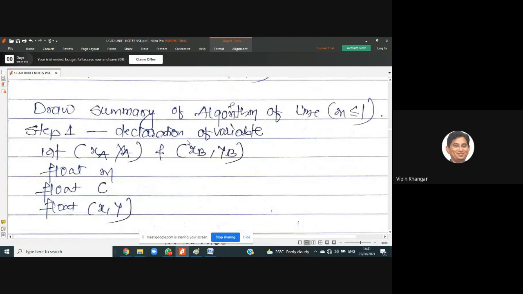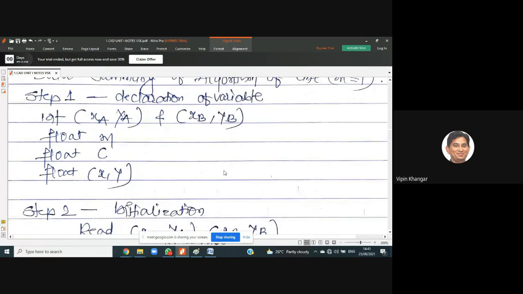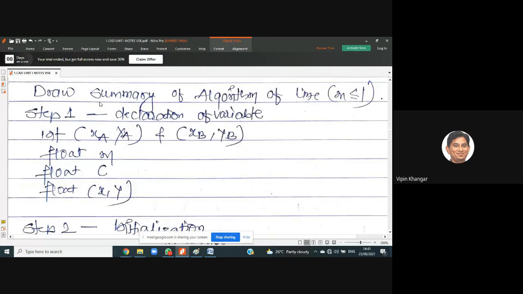So see, now the summary of your algorithm. When you talk about this algorithm, what are the various steps that we have conducted here? The summary of the algorithm for a line having slope less than or equal to 1. Step 1, declaration of variables.